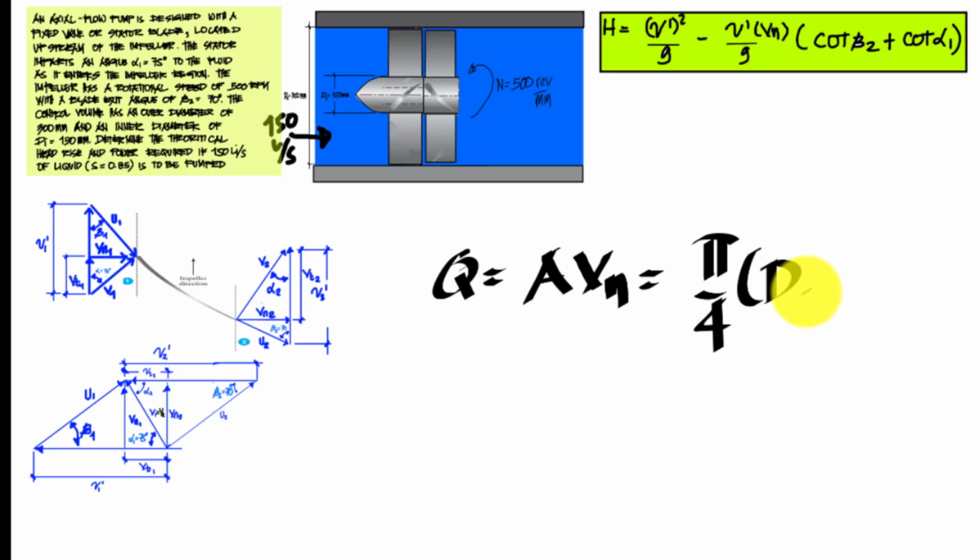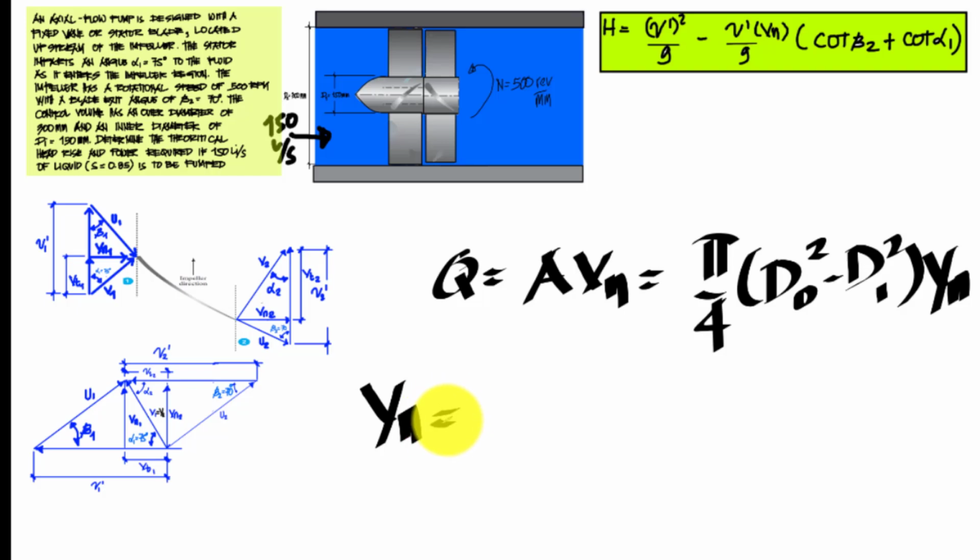So this is equal to the area times the normal velocity. Or we can express this as your area, that will be pi over 4 multiplied by the outside diameter squared minus your inside diameter squared, and this is times your normal velocity.